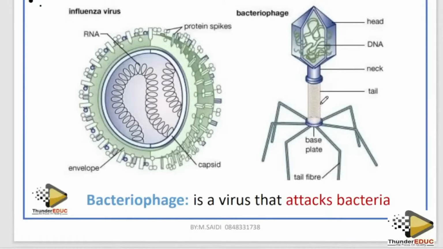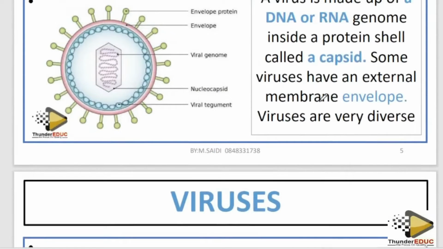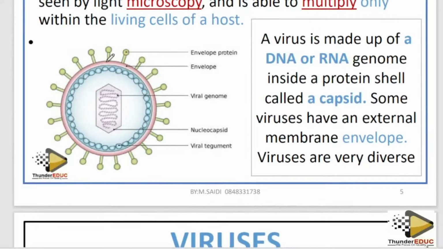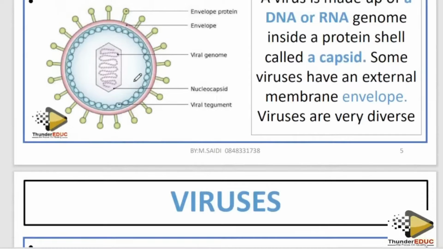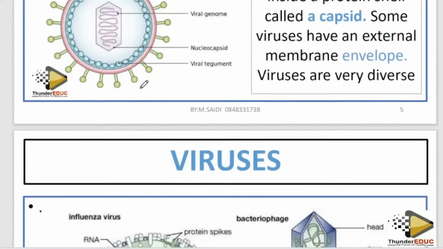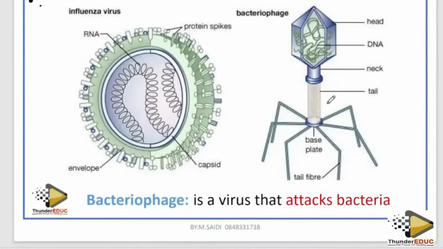So what is a bacteriophage? It is a virus which attacks another bacteria. We can bring a normal virus in an empty space, or we can bring a virus which attacks a bacteria, which we call a bacteriophage.